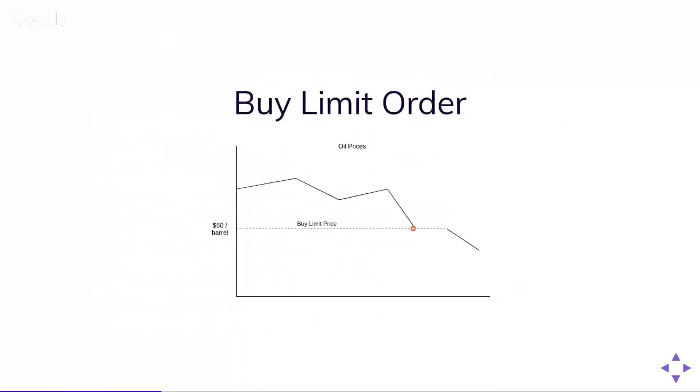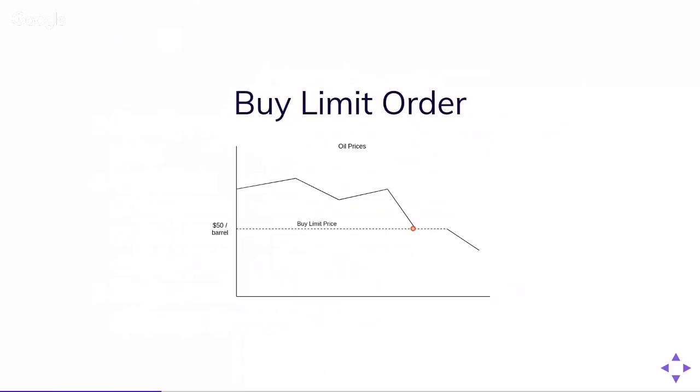So when we're talking about buy limit orders, and for most of this presentation, I'm going to use oil as an example of a commodity that you might be trading for the purposes of these buy, sell, and stop limit orders.